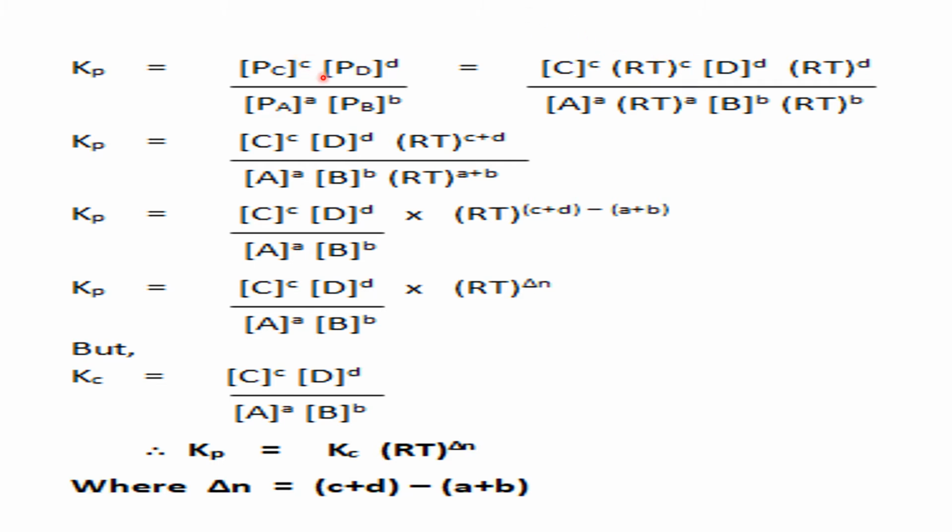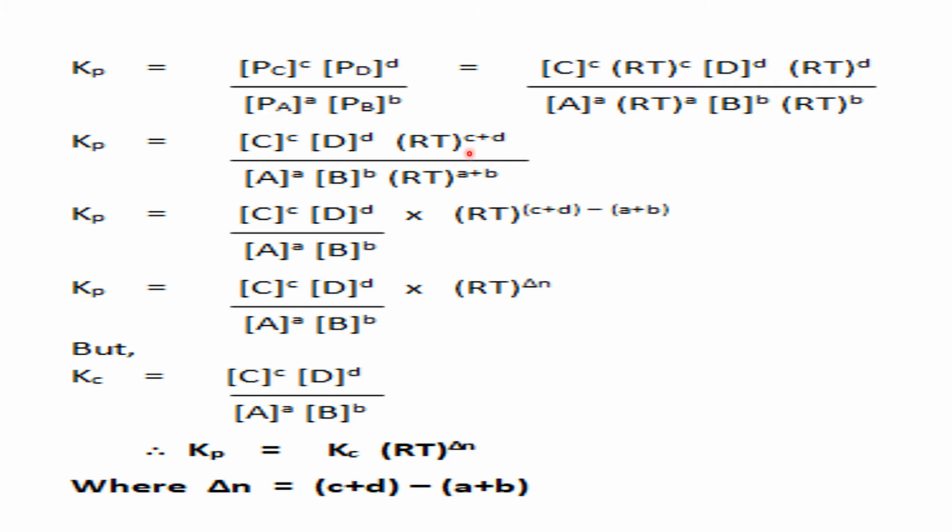So Pc raised to c is equal to [C] raised to c into RT raised to c. Similarly for Pd we substitute [D] raised to d into RT raised to d. Similarly for Pa and Pb we substitute [A] raised to a into RT and [B] raised to b into RT.